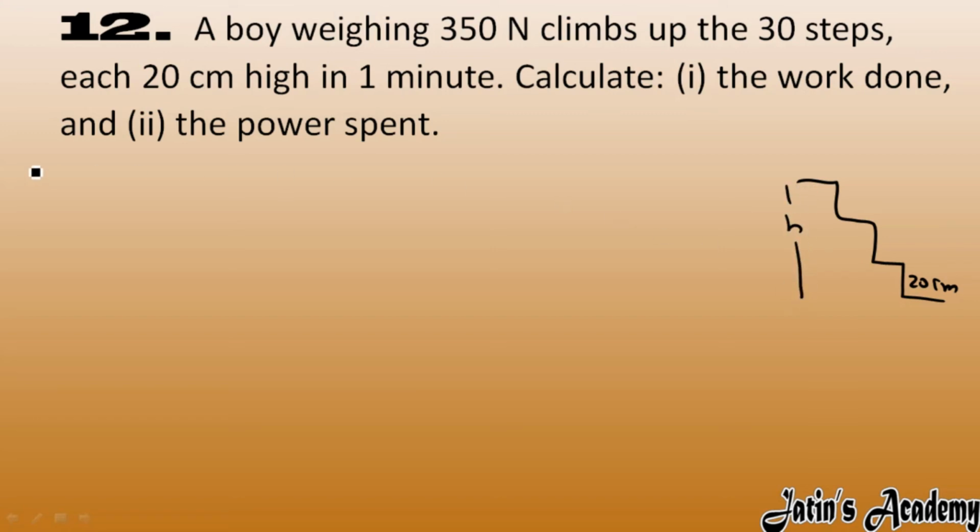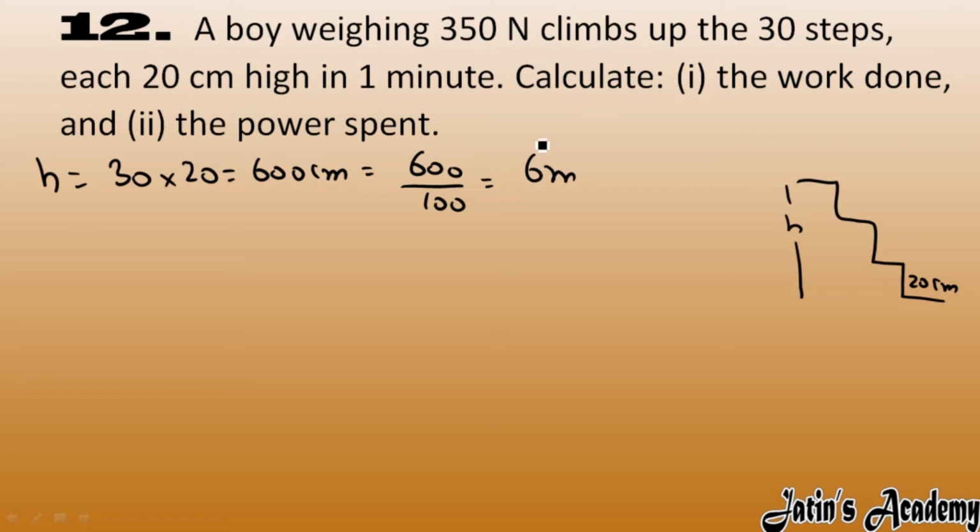One step is of 20 centimeters, so 600 centimeter. Converted into meter, divided by 100, we got 6 meter as a height. Now force is given as 350 Newton and we have a time as 1 minute, which is 60 seconds.